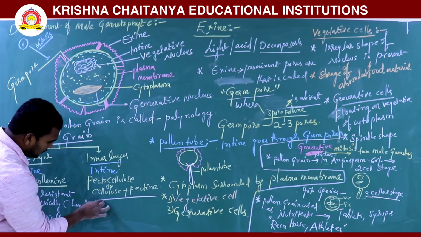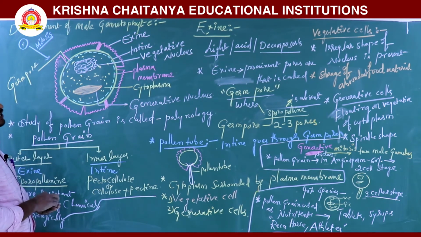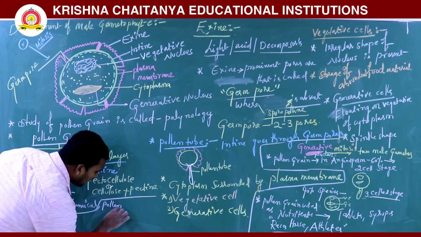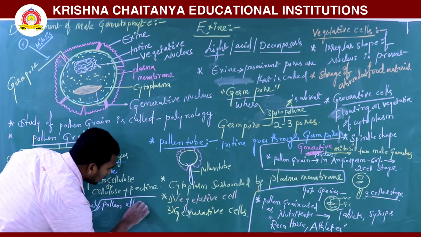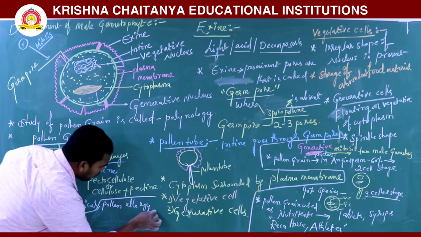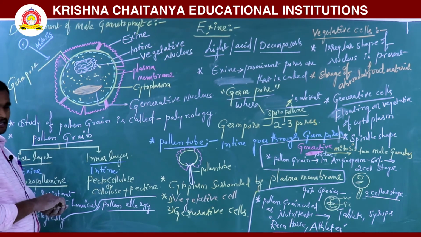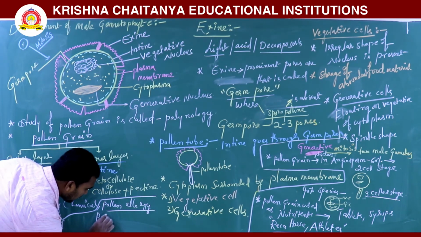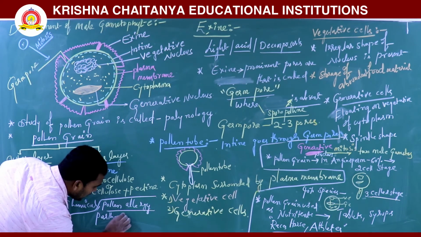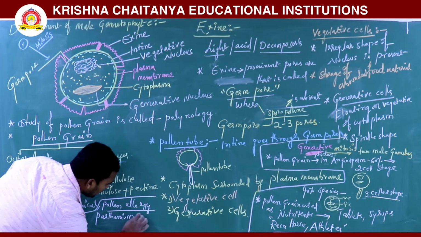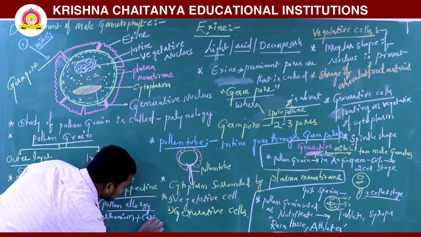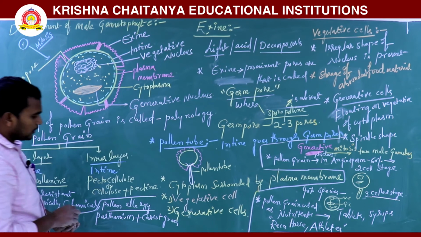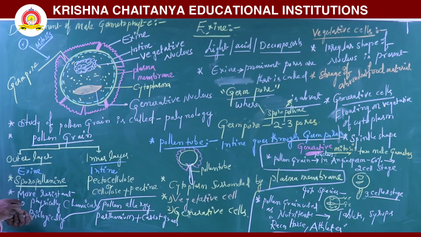Next, pollen allergy. Pollen causes allergy. Mainly, which ones? Parthenium and also carrot grass. These two cause pollen allergy.